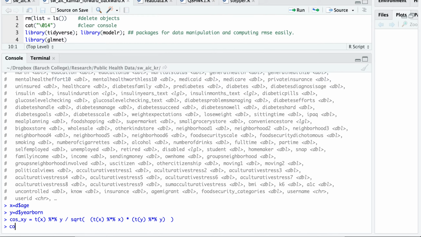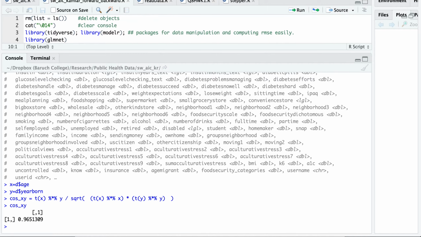What is that cosine? It's almost 1. It should be 1 actually, because year born and age should be the same.